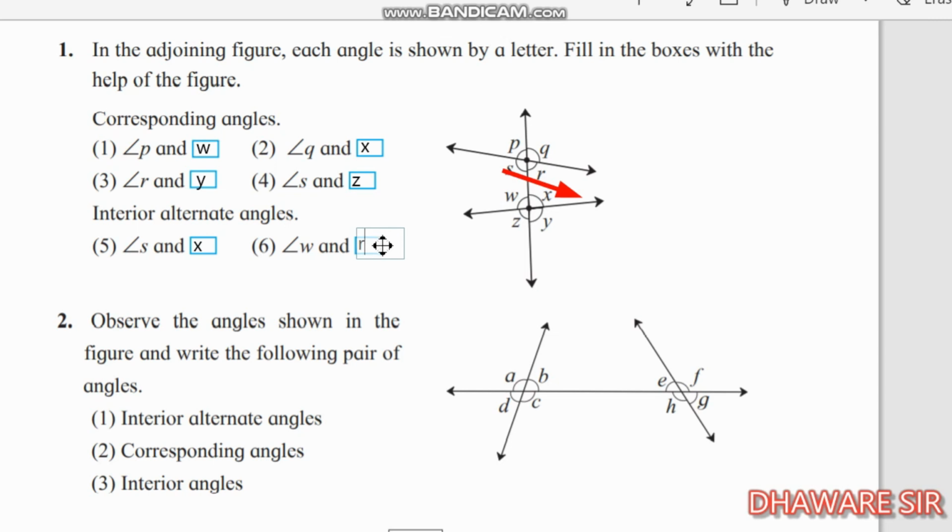So this is the first question in 2.1. What are the corresponding angles? We are going to write here corresponding angle, interior alternate angle.